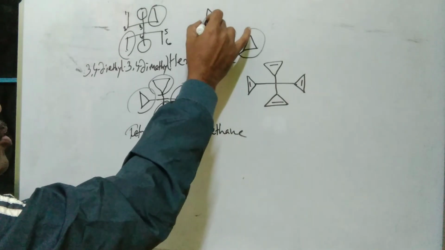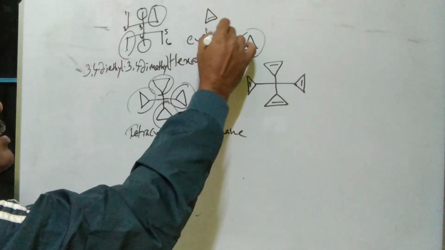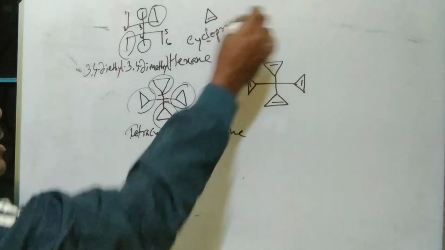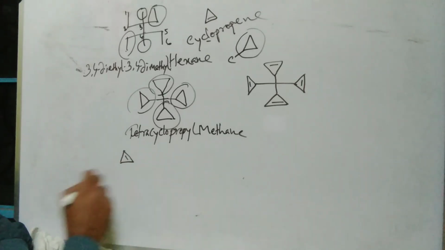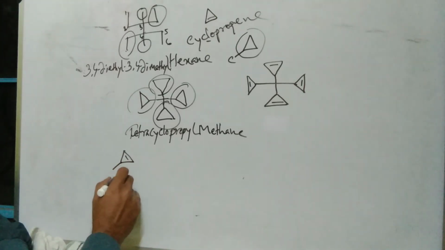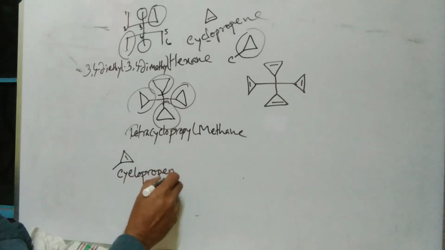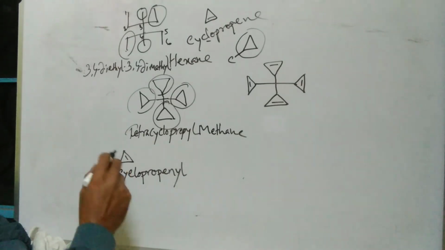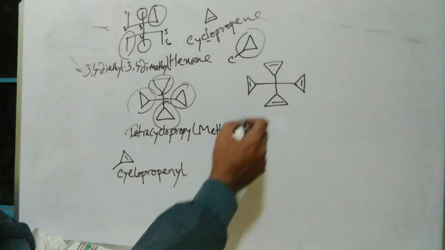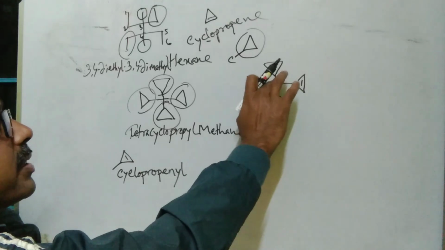Now, if this one is cyclopropane, then this is cyclopropene, since a double bond is present. When a double bond is present, this group is called cyclopropenyl. Just like from ethene to ethenyl, propene to propenyl, cyclopropene to cyclopropenyl. So here 4 cyclopropenyl groups are present, again with a single carbon.